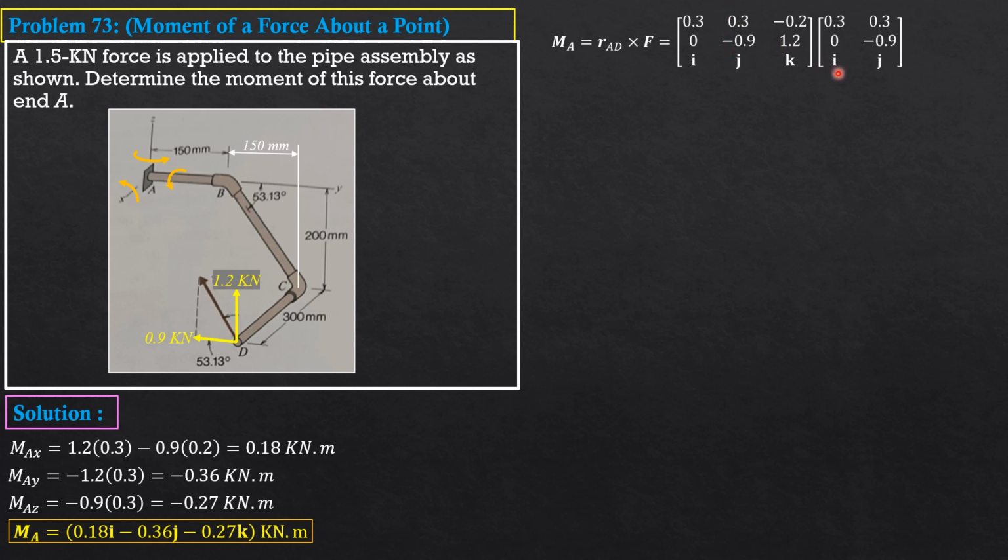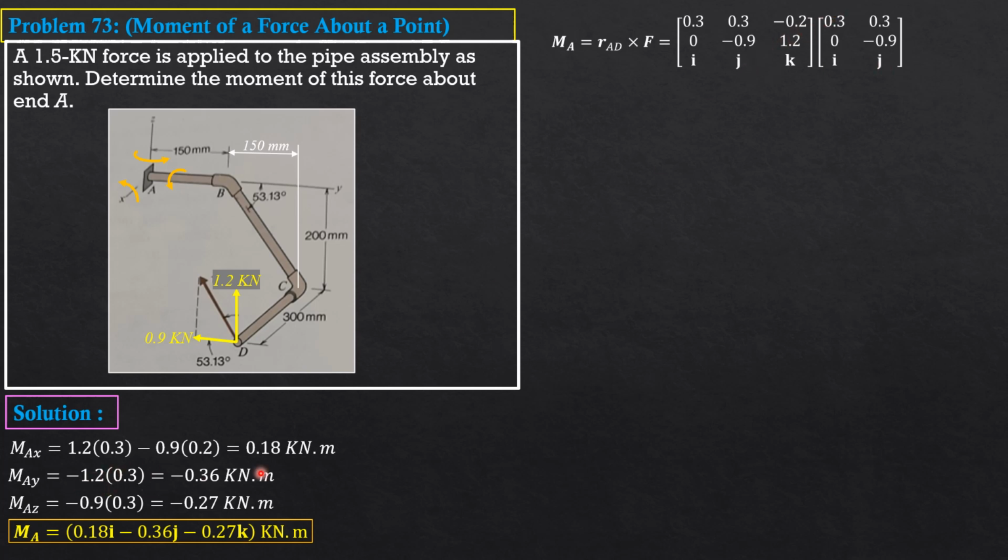0.3 times 1.2I minus negative 0.9 times negative 0.2, so that's positive, but that's negative direction. So 0.3 times 1.2 minus 0.9 times 0.2. So it's 0.18I. Along J, 0, then minus 1.2 times 0.3.